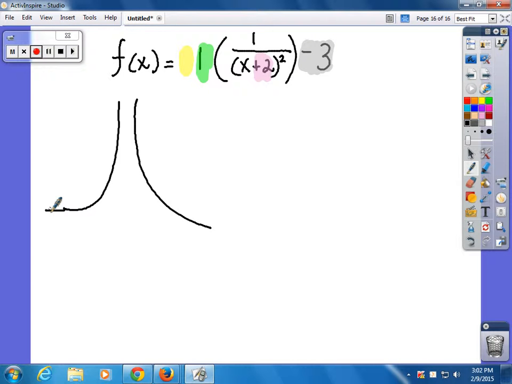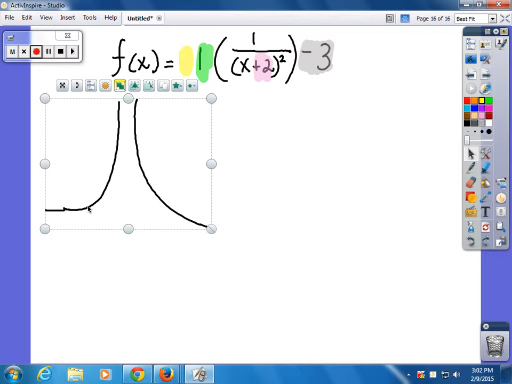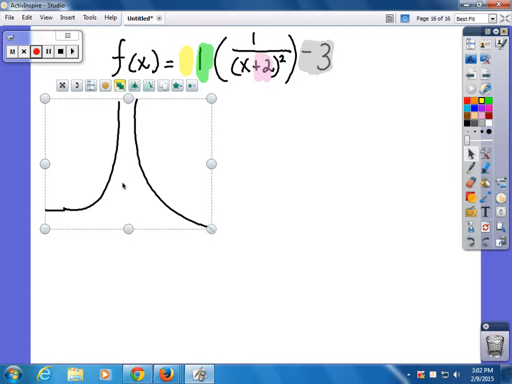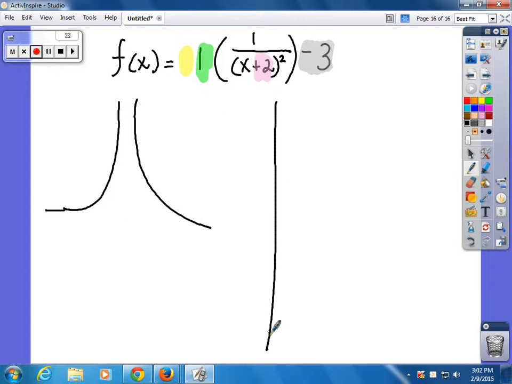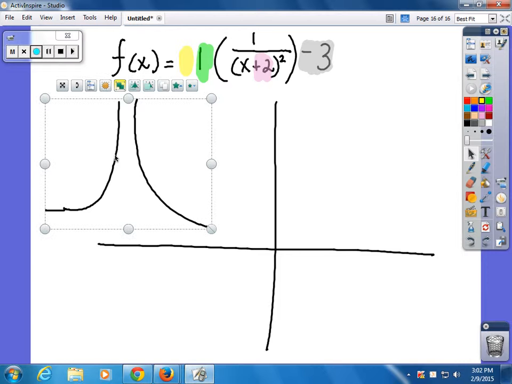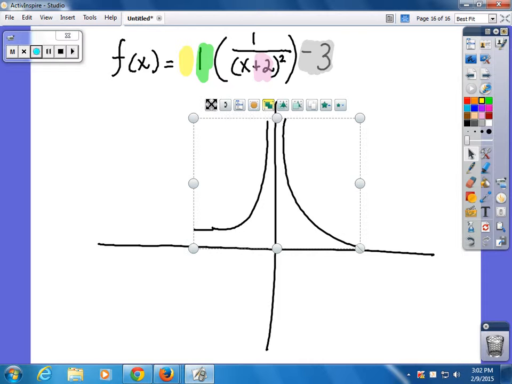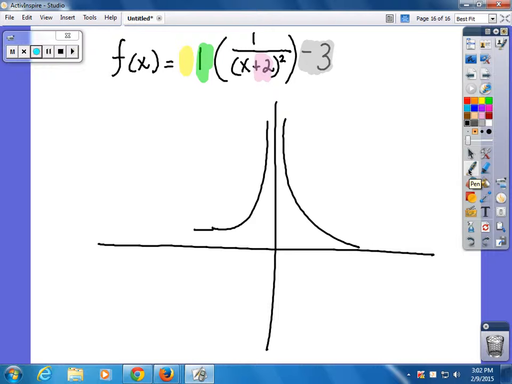Let's see if we can do this. So there's your parent graph. Now mine's not perfect, and yours isn't going to be either. We're not graphing these things, we're sketching. So that's what it's going to look like.